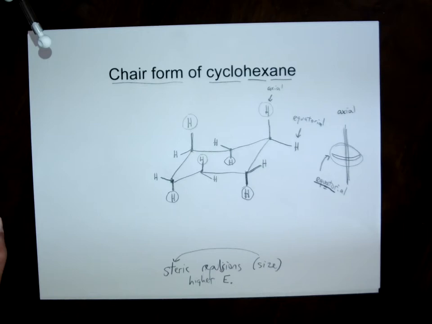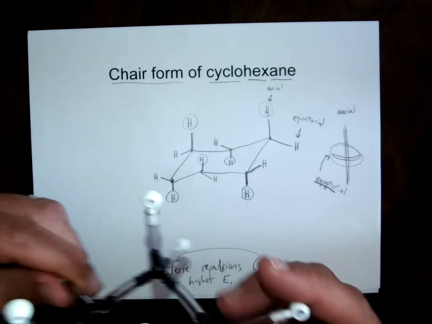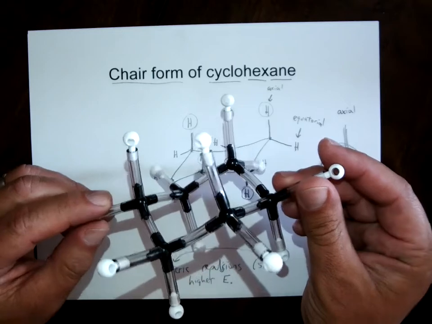So it's going to be very important to understand top of the ring or bottom of the ring, axial or equatorial positions, and to be able to draw a decent chair form of cyclohexane, which is the lowest form. It minimizes repulsions.